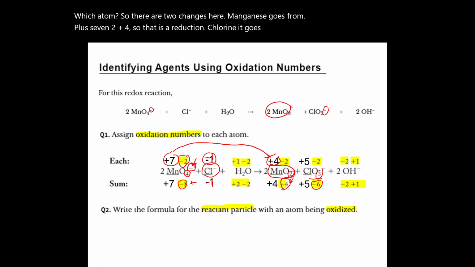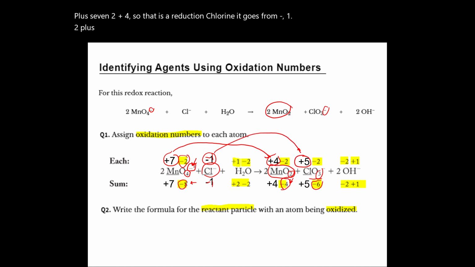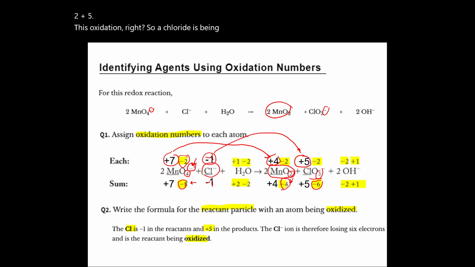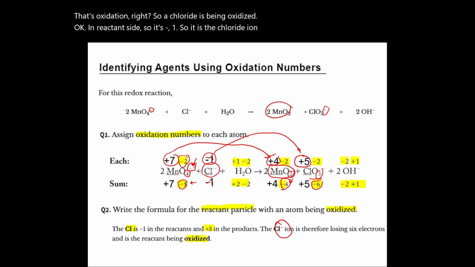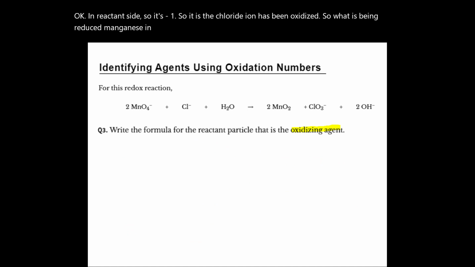Chlorine goes from -1 to +5. That's oxidation, right? So chloride is being oxidized, on the reactant side. So it's -1. So it is the chloride ion that is being oxidized. So what is being reduced? Manganese in permanganate, right?